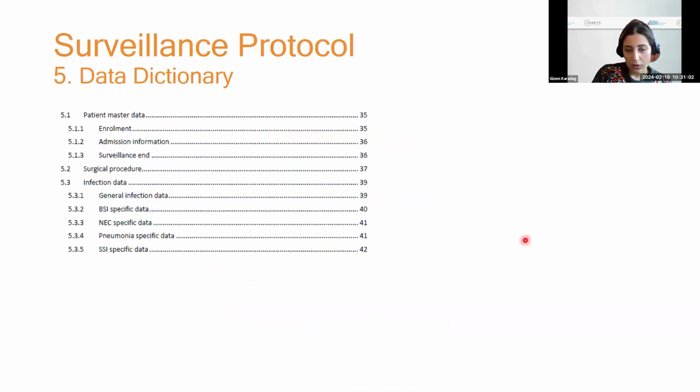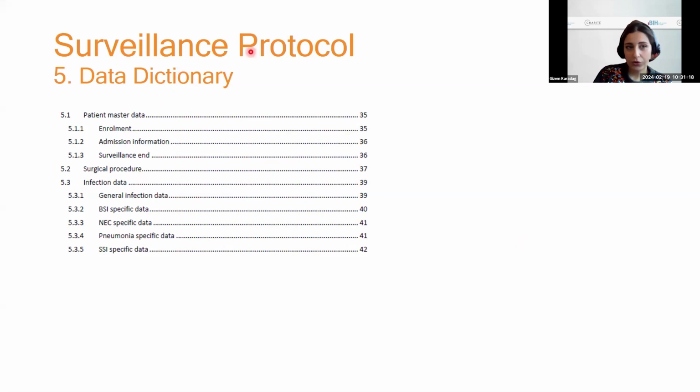So before I talk a little bit more in detail about our data set and data elements, I would like to point out that we do not have much time today, so I cannot explain every data element, what exactly it means, and what the definitions are.